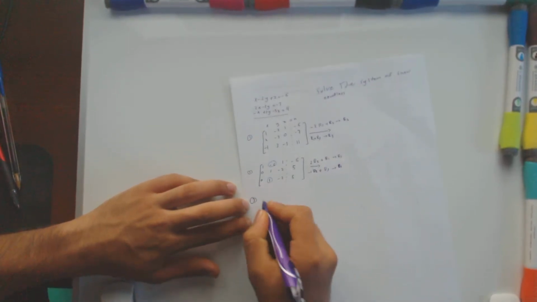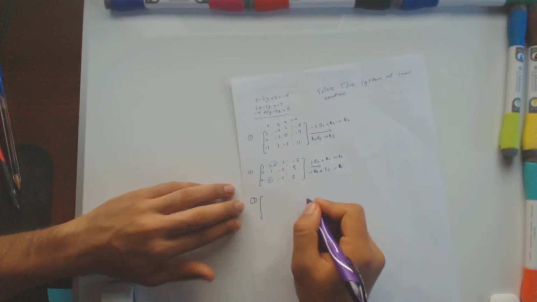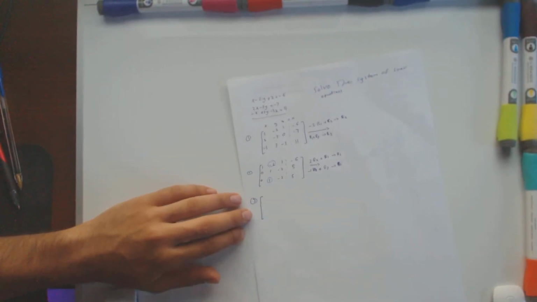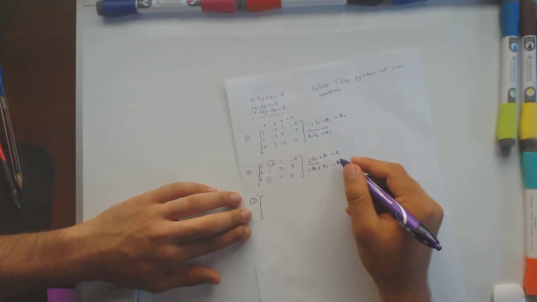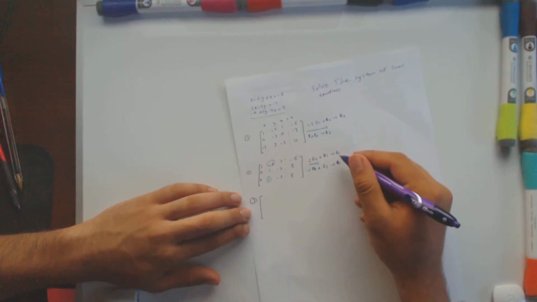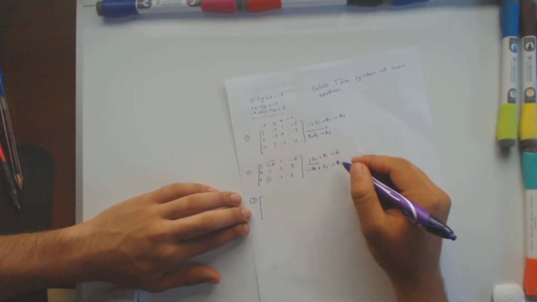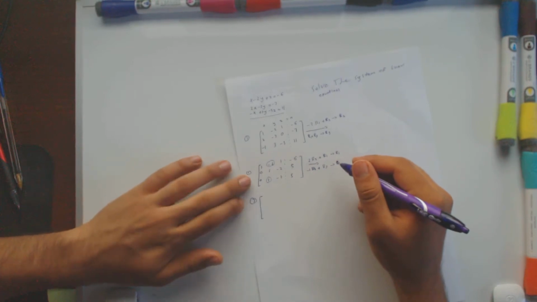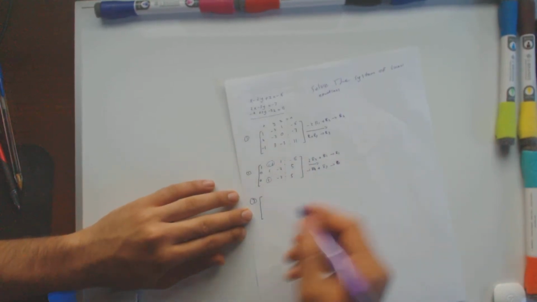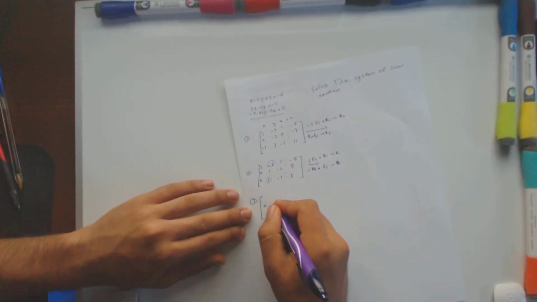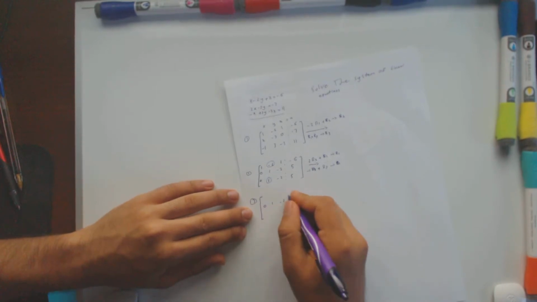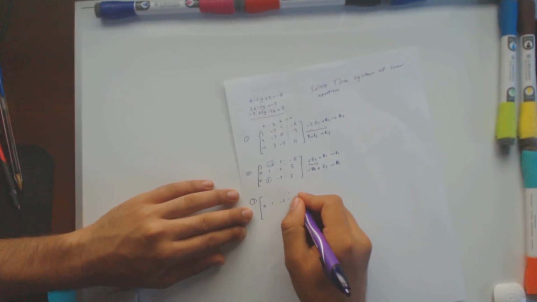So now let's do the third step. As I said, we do the multiplication for row 1 and row 3, and we are not dealing with r2, so just write it as it is, which is 0, 1, -2, and 5.